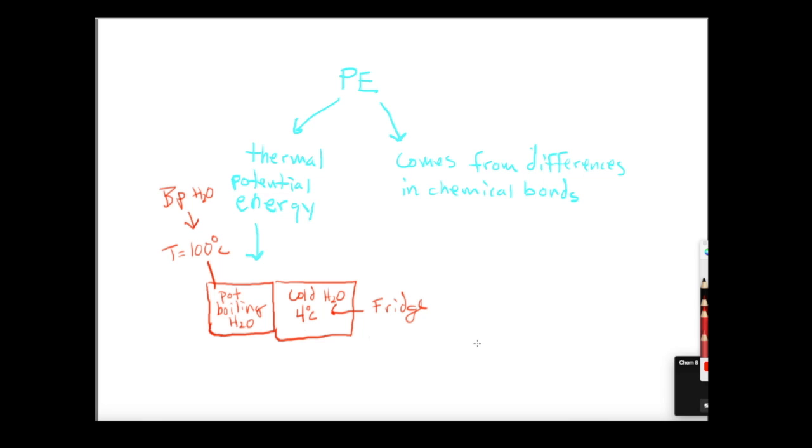All right, so the pot of boiling water is high potential energy. It's thermal energy, high PE. And this one over here is low PE, thermally.